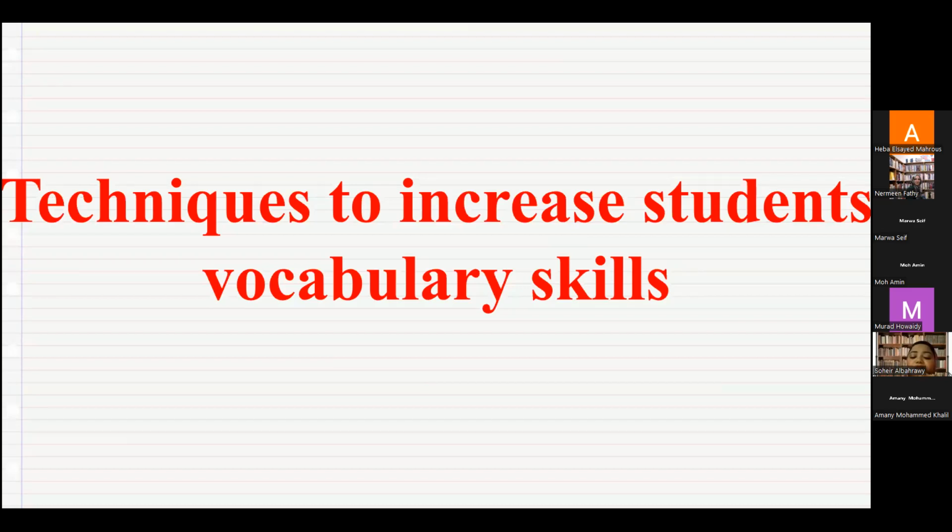Songs. Searching. Okay, we have here Heba. She wants to participate. Please unmute yourself, Heba. Okay, hello everyone. Hello. I want to say something about the techniques of teaching vocabulary. As we all know that there are many techniques, but choosing the techniques depends on the stage we teach students.